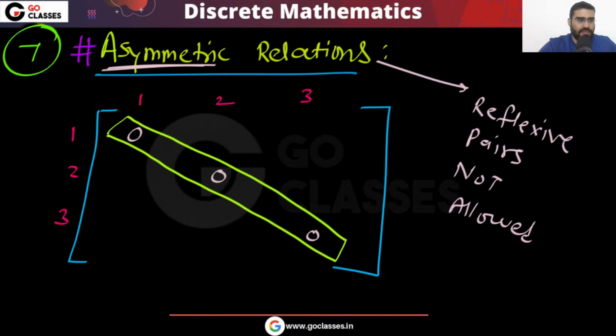After this, it cannot happen that this is also 1 and this is also 1. Agree? This cannot happen. Everything else is possible. Look at this cell and this cell.